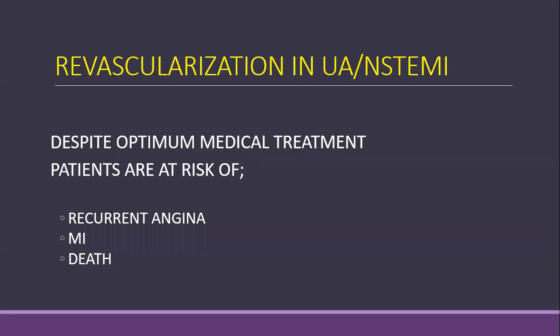So this group of patients will be labeled as having non-ST elevation myocardial infarction, because now you have got indirect evidence of myocardial infarction, that is presence of myocardial markers in the bloodstream. So this group of patients who present with no ST elevation in the ECG, they present with chest pain, their enzymes become positive. Now you label these patients as having non-ST elevation myocardial infarction.